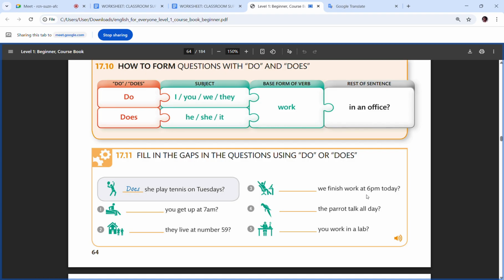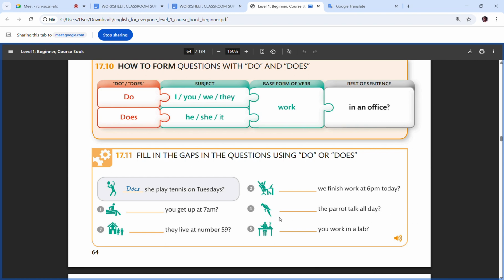So you can also ask, do we finish our English lesson at 7 p.m. today? Right? We finish work at 7 today. Yeah, very good. Or do I finish lessons at 7 p.m.? Right?